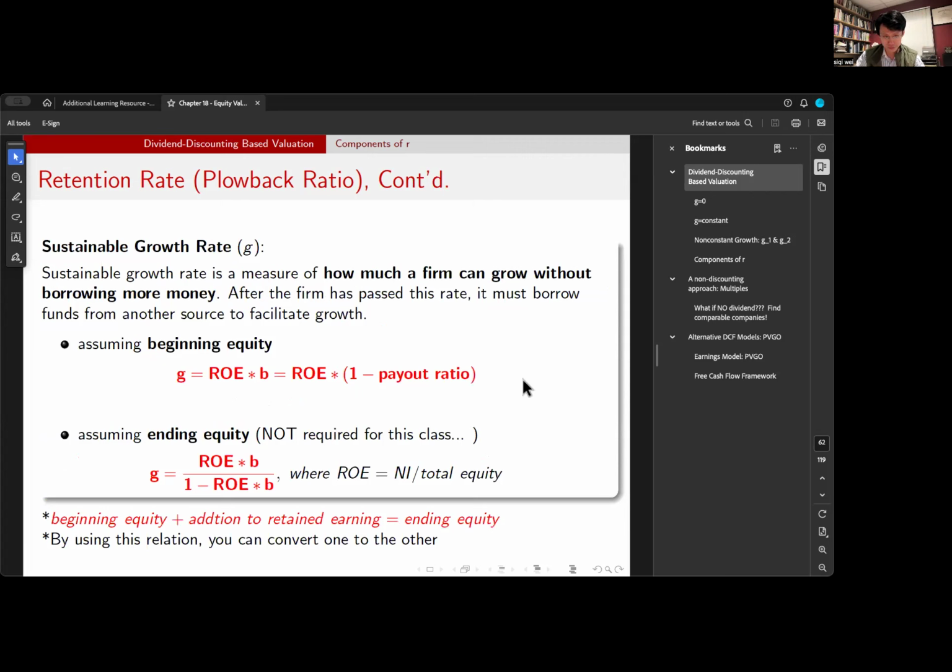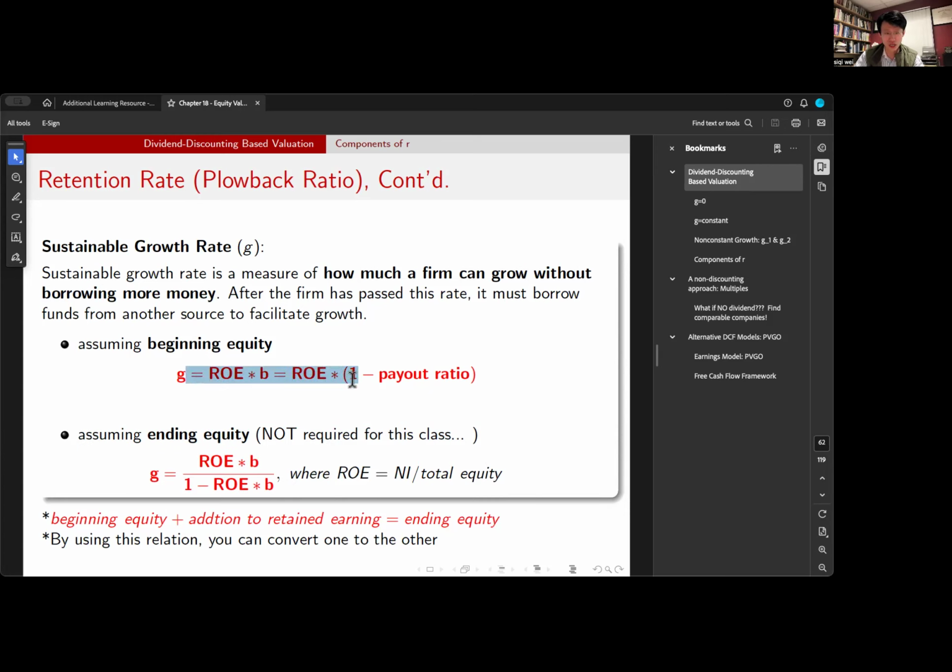Okay, so the growth rate is the product of the profitability measured by return on equity times the plowback ratio. In this course, you are not responsible for the second type of representation.